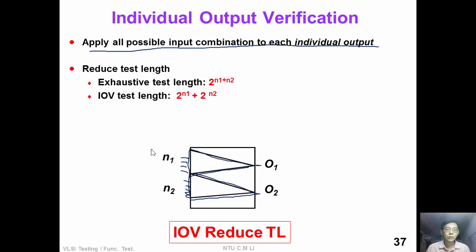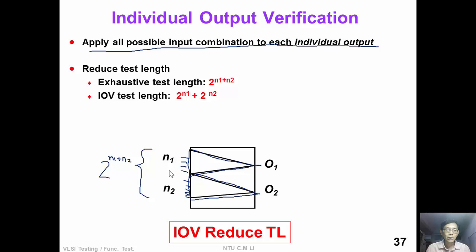If we want to test the circuit exhaustively, we totally need 2 to the power of N1 plus N2 test patterns. Suppose that there is no overlap between N1 and N2.